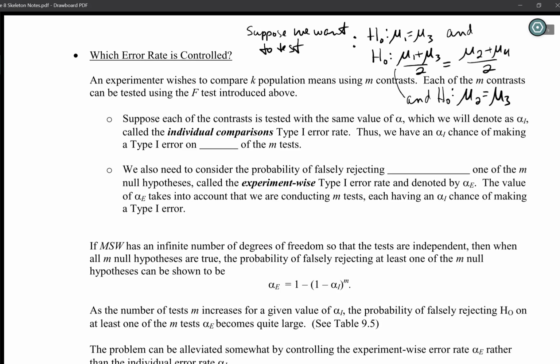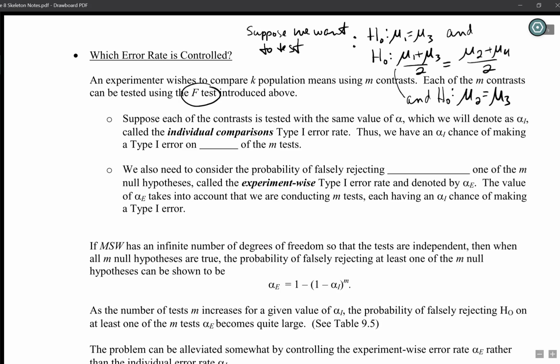All right, so we have three hypotheses that we want to compare. We could create a contrast for each of these three, and for each of them we could do the F-test as specified above. Now, if we do that, each contrast is tested at the same value of alpha, the significance level.